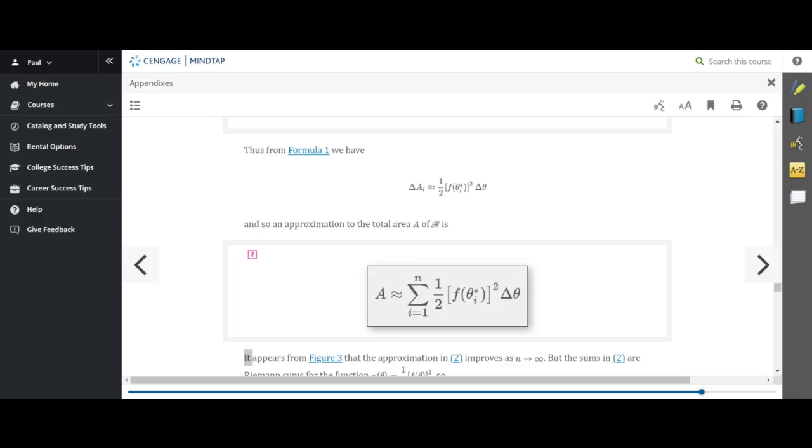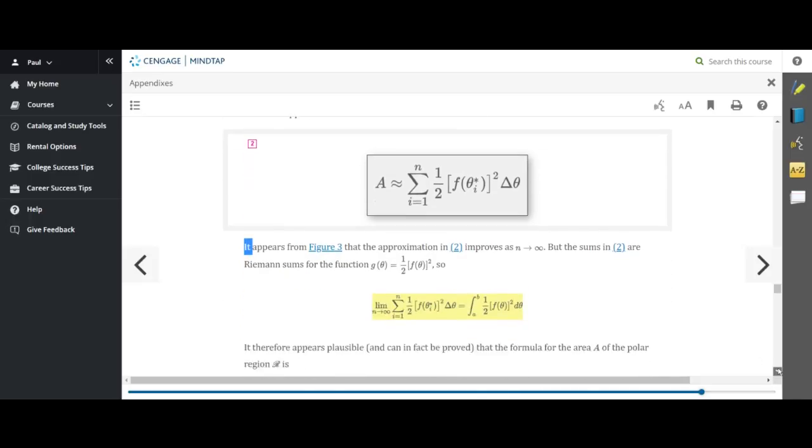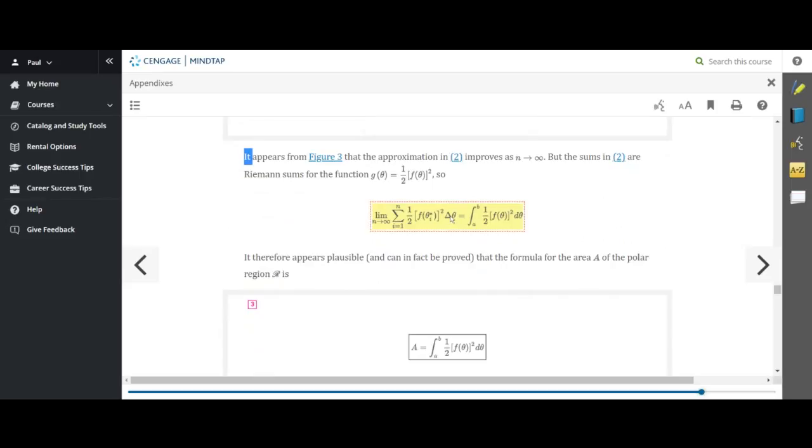Renat, I understand what you're saying, but for a Riemann sum, it turns into an integral, right? That's right. The Riemann sum turns into an integral, and so it turns out then that we come up with the formula.